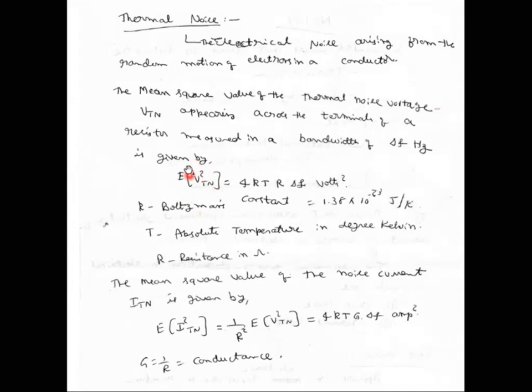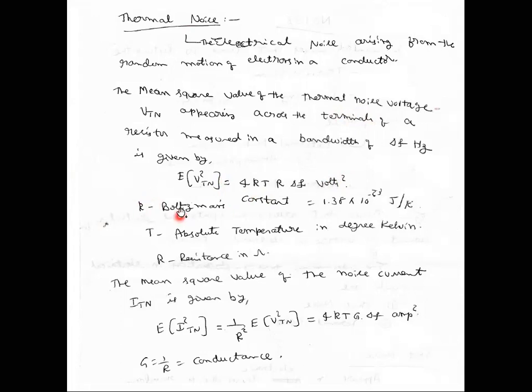It is the square voltage and this is mean. So the mean square value of the thermal noise voltage, denoted E of VTN square, is given by (4 kTR delta F) whole square. Why whole square? Because it is the mean square value of the thermal noise voltage. So the unit is whole square.